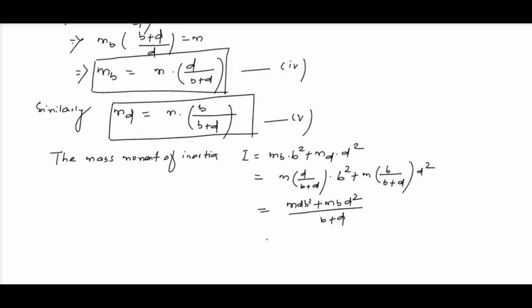Or you can take common M b d, so it will be (b plus d) divided by (b plus d). So this gets cancelled out. We have M b d. Let's say this is equation 6.